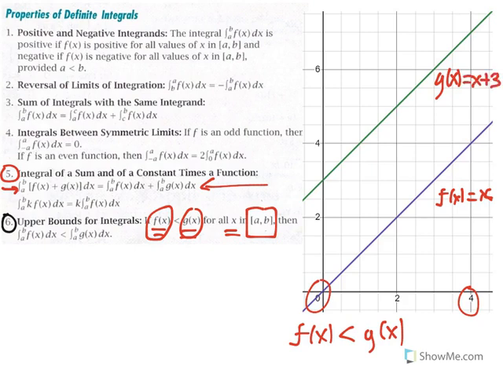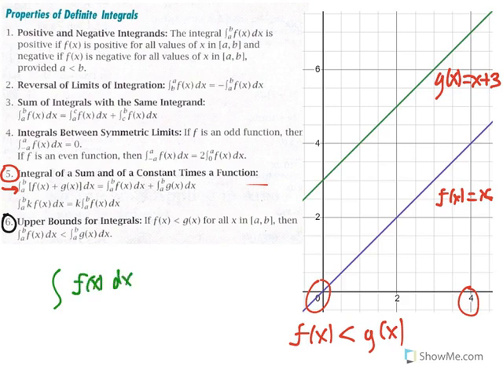So what is this particular property stating? If this is true, then the definite integral of f of x dx from, for example, 0 to 2 will be less than the definite integral of g of x with respect to x on the same interval.